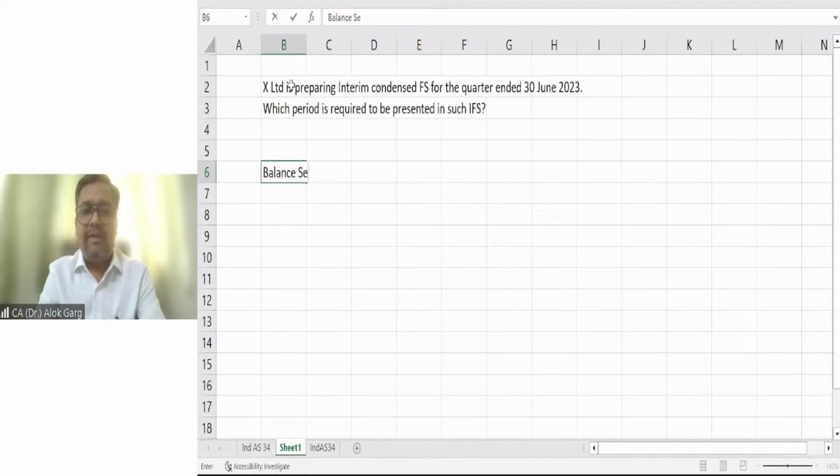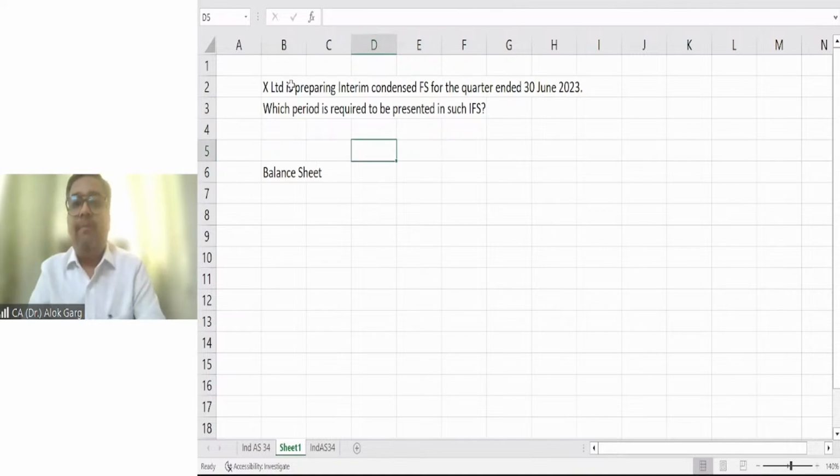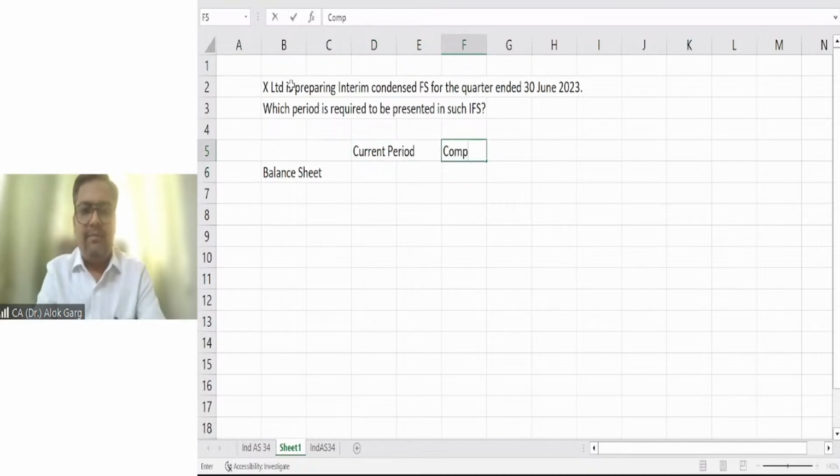Of course, 1 year comparative is required to be presented. You all agree? Balance sheet. So current period, comparative period. So one thing is very clear.